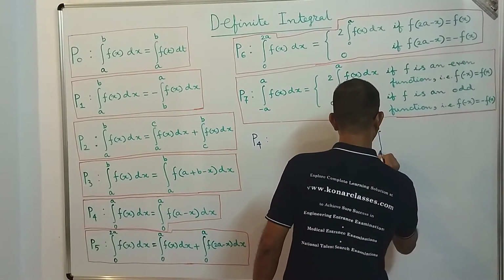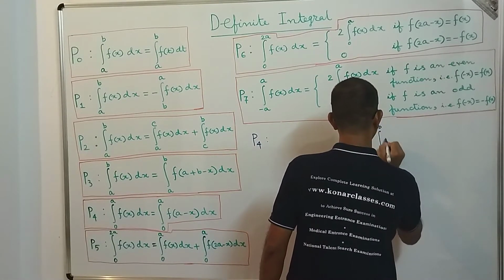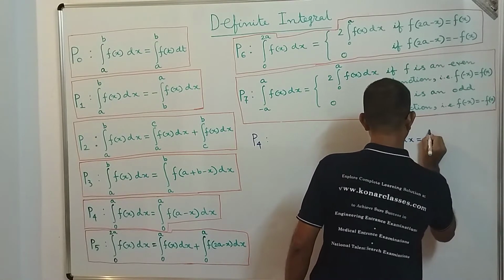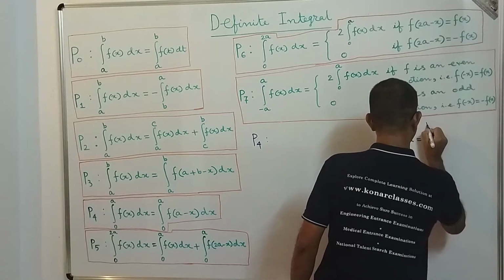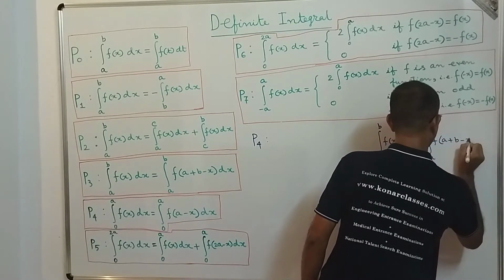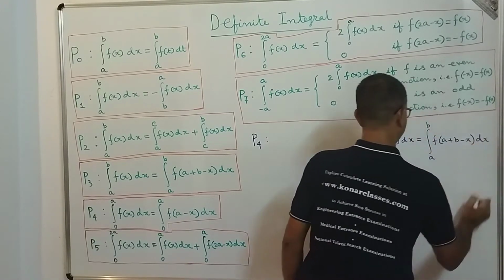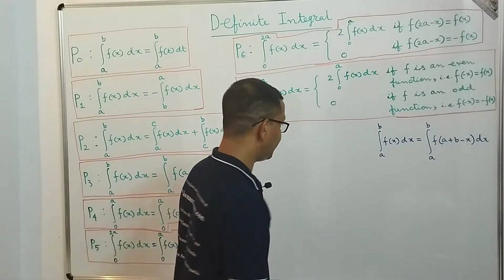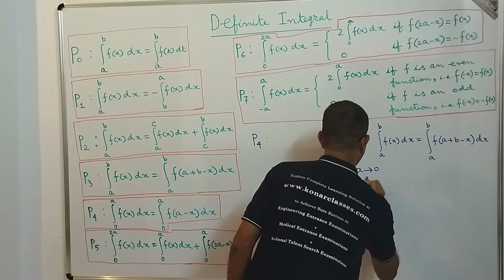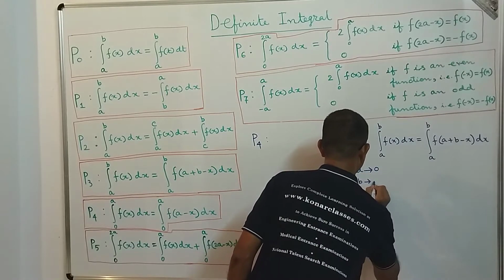From property P3 we know that integration a to b f(x) dx is equal to integration a to b f(a + b - x) dx. Now what we are going to do is replace a by 0 and b by a.